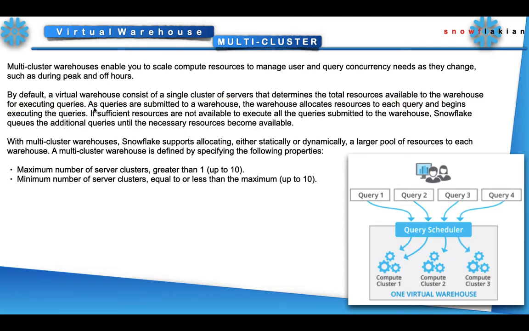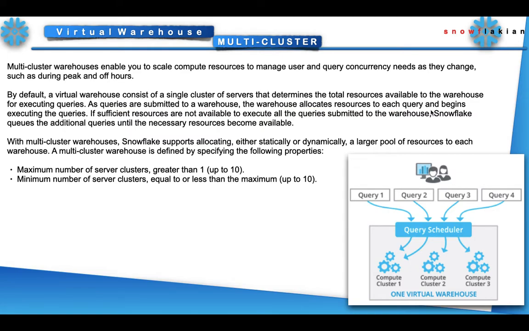As queries are submitted to a warehouse, the warehouse allocates the resources to each query. Suppose query 1 came. It calculates how much resource query 1 requires, and allocates it from the cluster. When the next query comes, it will allocate that much resource again.